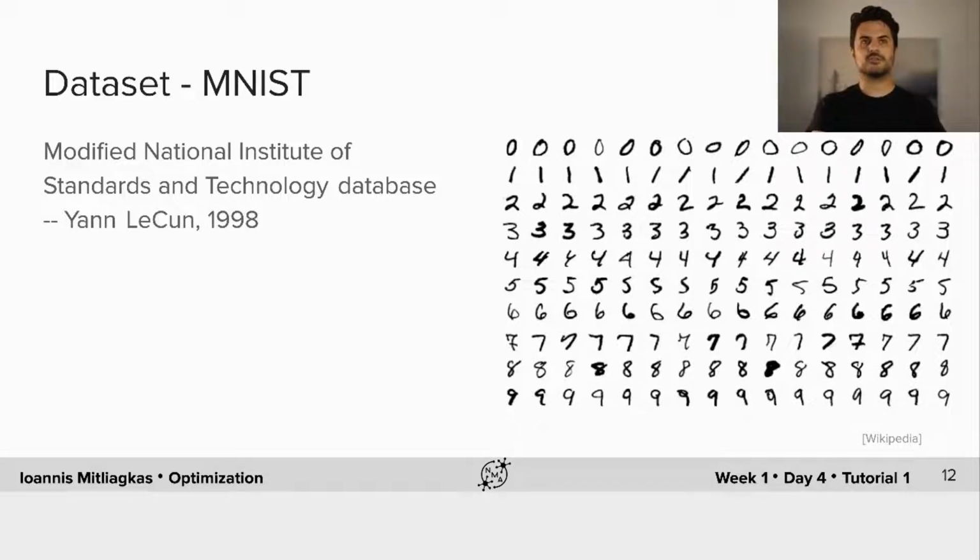On the right of your screen, you are looking at some examples from this data set. It's a bunch of digits from 0 to 9, 10 digits, taken from actual handwritten envelopes, I believe, scanned and categorized like this. Different people write the same digit a different way.